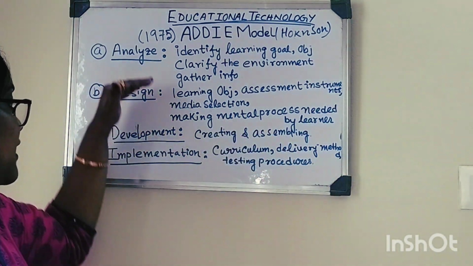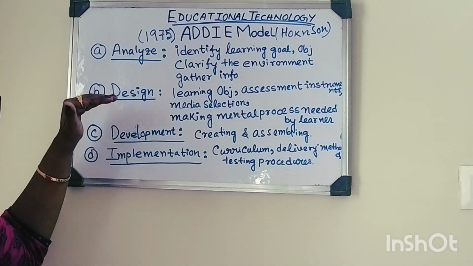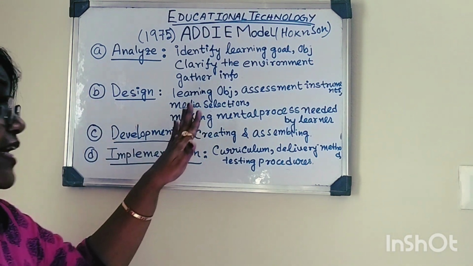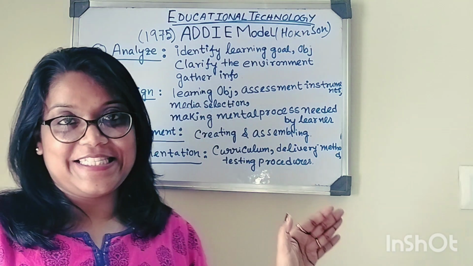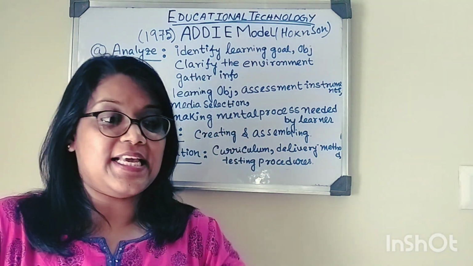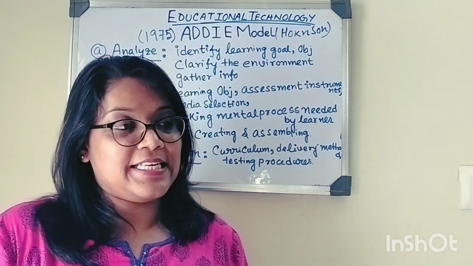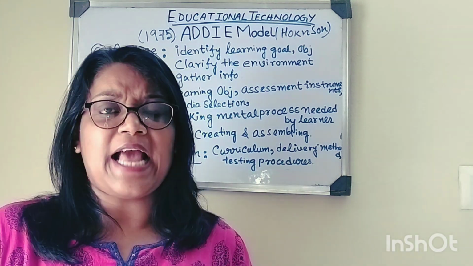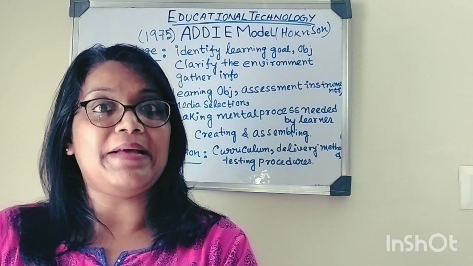So first stage is analyze, second stage is design, and the third one is development. And now coming to the implementation stage. At this stage, the course design is created, executed, tested, and now it's time for implementation.